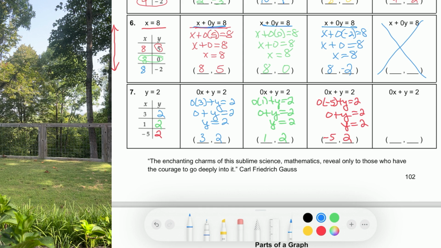When you have y equals 2, you don't have an x in your equation, it's just the y, you're going to actually have a horizontal line where it crosses your y-axis at 2. And again, we'll talk about that later more, but I just wanted to kind of introduce it to you so it's not something that you haven't heard before.